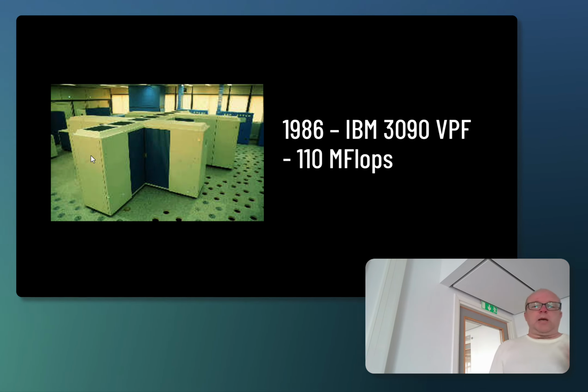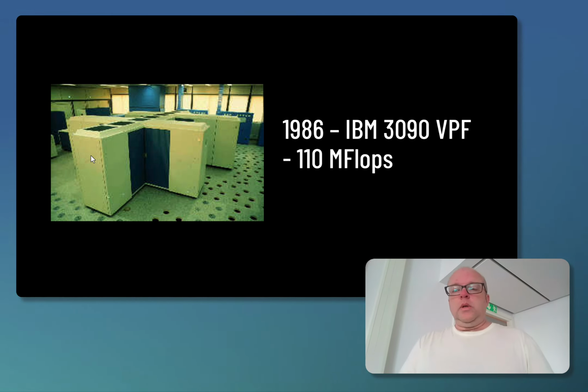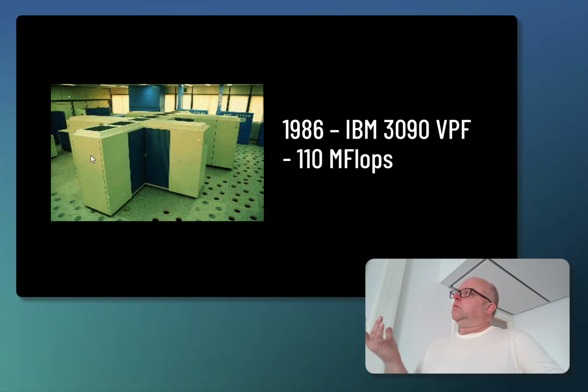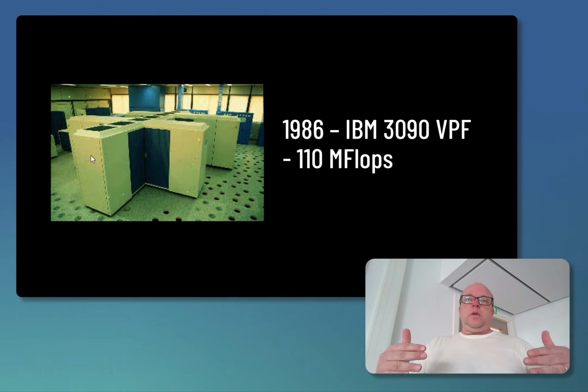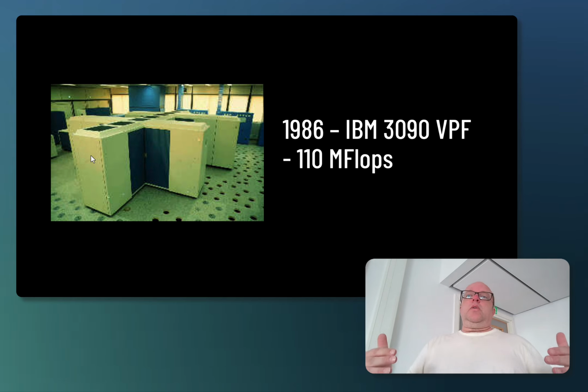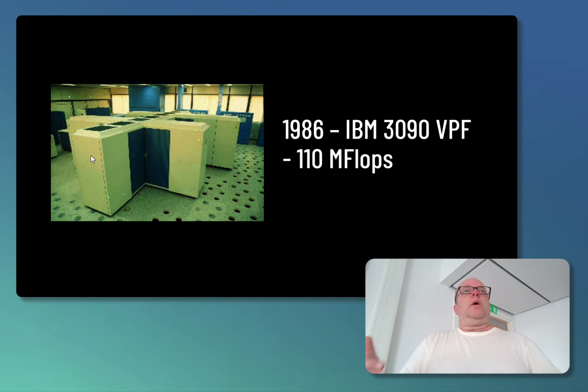In 1986, IBM produced something called the IBM 3090, and that was actually one of the first supercomputers at Lund University. The VPF stands for Vector Processing Facility. So it's actually one CPU, but it can process vectors in parallel. It had an array, and it can do computation on a single array with all the numbers at the same time.